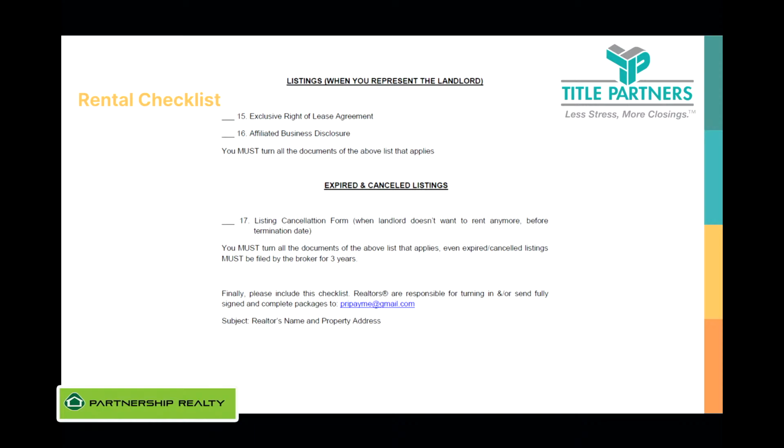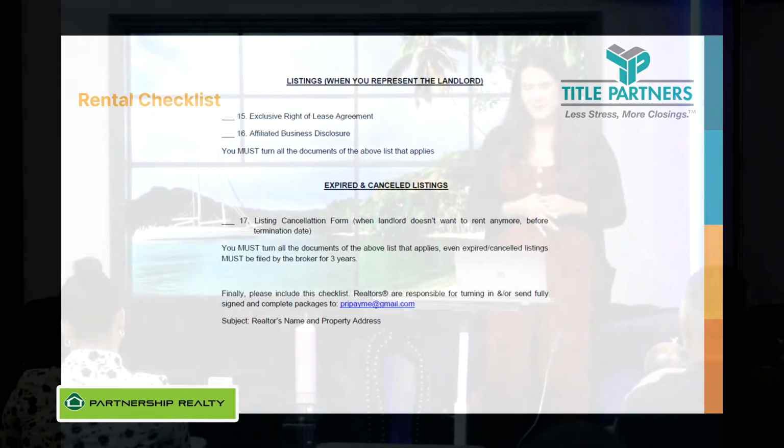If you're the listing agent and you're representing the landlord, we're going to need the executed rights of lease agreement, the affiliated business disclosure, and then anything that's canceled will have the listing cancellation form. So all these documents need to be sent to Leslie at prepayme@gmail.com. Okay, any questions so far? Okay, we're good.